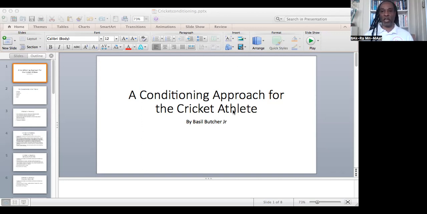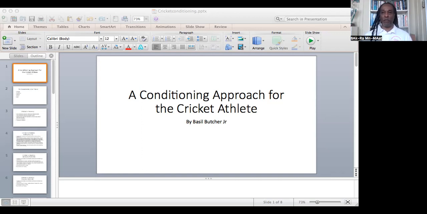Well, we all know cricket is a sport that has a couple of different roles. You have the batters, who have specific demands. They have to pick up a ball that's being bowled by the bowler and make a judgment whether to play or not to play, whether to play forward, moving towards the ball, or going backwards because of the length of the ball pitch.